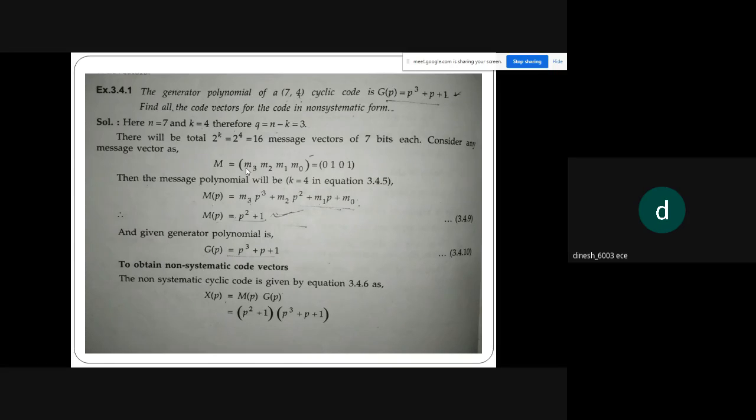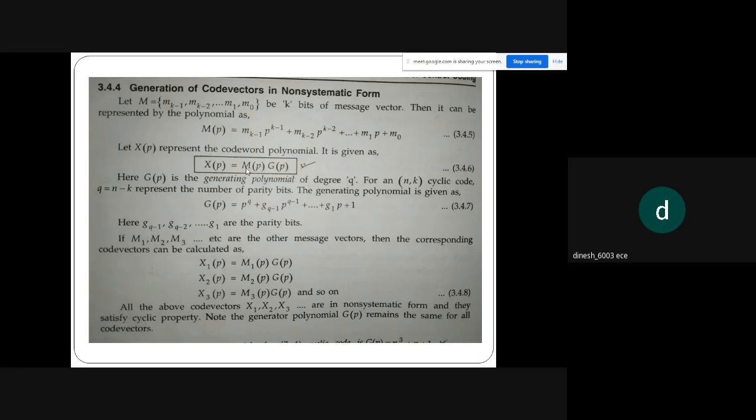So next we need to find a message polynomial. We need to find a message polynomial with respect to this equation, equation number 3.4.5: m of p is equal to mk minus 1 p power k minus 1 plus mk minus 2 p power k minus 2 plus mk minus 3 p power k minus 3 till m1 p plus m0.